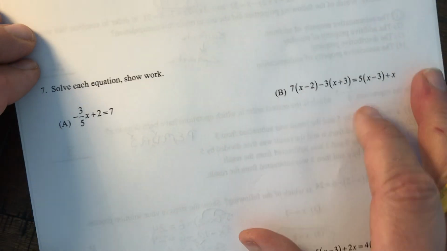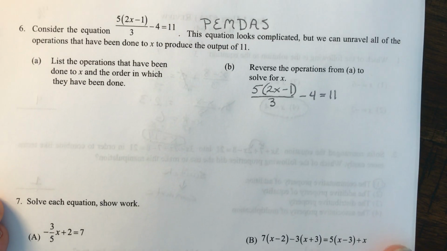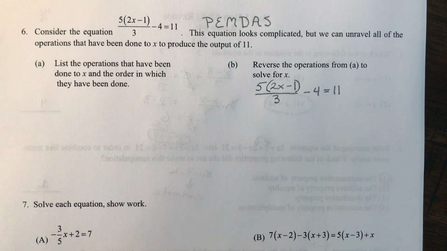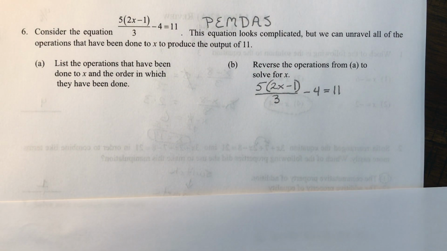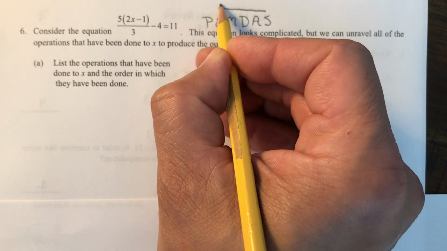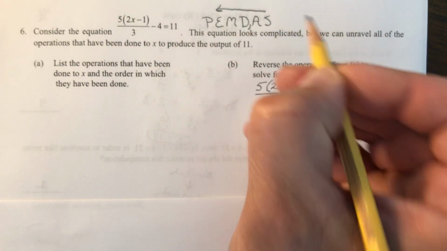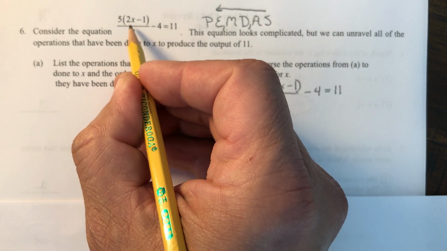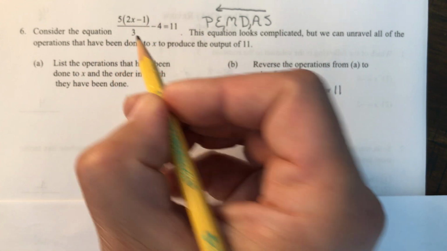All right, so let's turn this page over, and we are through the multiple choice. All right, now I did some pre-writing up on the top. You could see PEMDAS is very important here, and if you're solving an equation, you're going to be working reverse PEMDAS because you would like to undo all the things that have been done to this x.